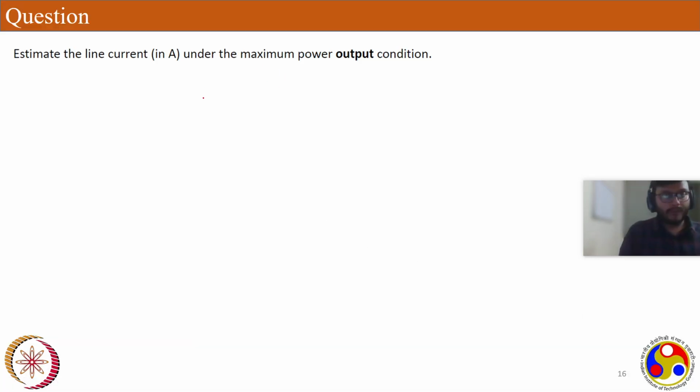Okay. Now to find the line current at this condition, we know our phase current formula. It is V at an angle of delta minus E at an angle of 0 divided by Z at an angle theta.